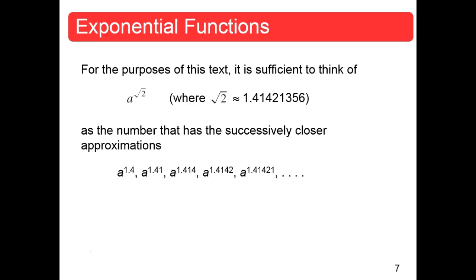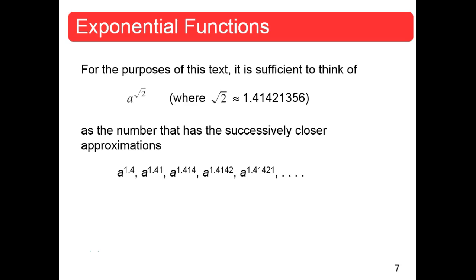Think of it as a number that has successively closer approximations. You can do a to the 1.4, that's something you can do on your calculator, then a to the 1.414, 1.4142, 1.41421, and you can just keep on going and get closer and closer, and soon you're as close as you can get on your calculator anyway.